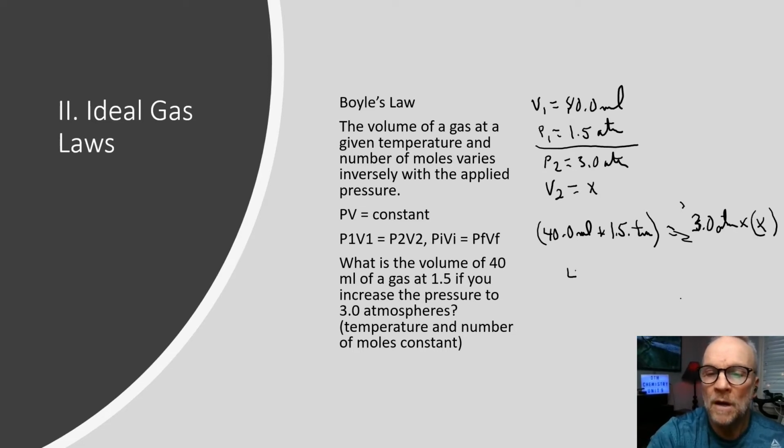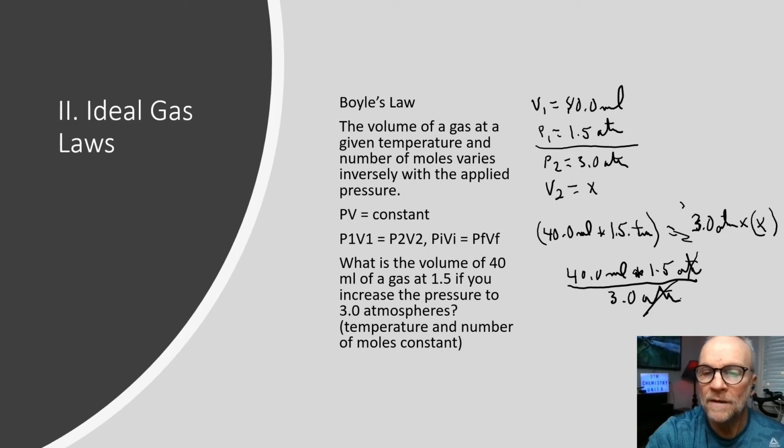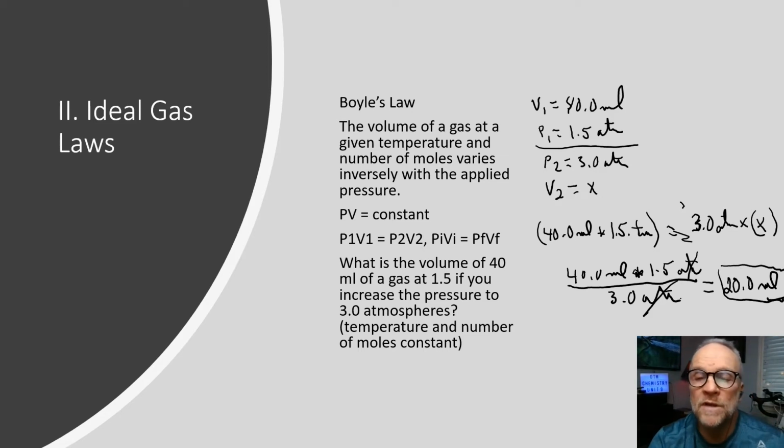So then that just becomes 40 milliliters times 1.5 atmospheres divided by 3 atmospheres. Atmospheres cancel here, and our final answer will be 20.0 milliliters. Okay, so there is a Boyle's law type of problem.